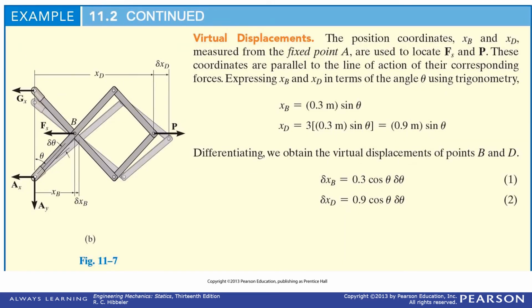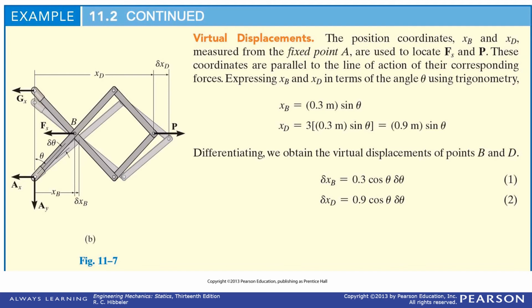Now, what happens next? Delta x sub d. We're measuring from point A, and we want to know when you change theta, you're going to have a change of distance here.